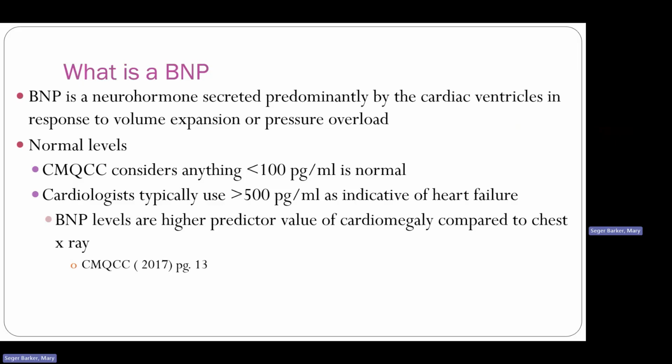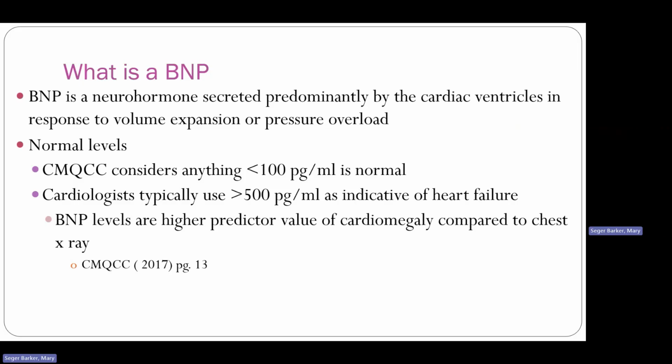In obstetrics, we're not quite so familiar with it, but it's a neurohormone that is secreted predominantly by the cardiac ventricles, in response to volume expansion or pressure overload. So it may indicate cardiomyopathy or work overload in the heart.